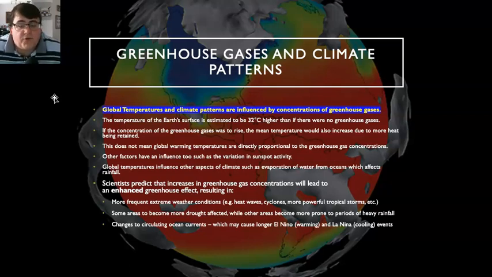Some areas will become more drought affected, while others will become more prone to periods of heavy rainfall. Changes to circulating ocean currents will also cause things like El Nino warming or La Nina cooling events to occur more frequently. So in general, global warming doesn't just necessarily cause warming, it's more extreme weather conditions in general. And that's where a lot of people get confused with what greenhouse gases and climate change actually are.